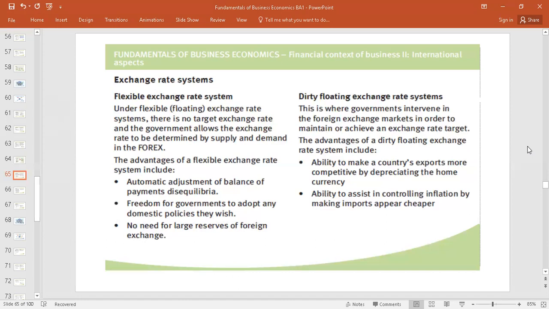Whenever there are fluctuations, the foreign currencies maintained as part of the balance of payments on account of imports and exports get adjusted automatically. The government can adopt any domestic policy they wish, because they are not intervening in the fluctuation of the foreign exchange rate. Then they don't have to maintain large reserves of foreign exchange. That's another advantage of having a flexible exchange rate.